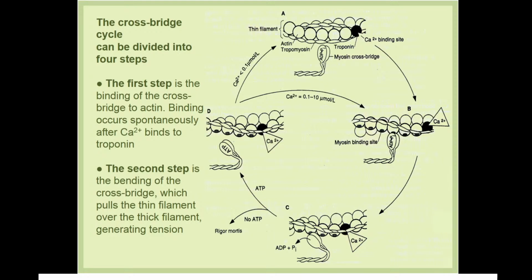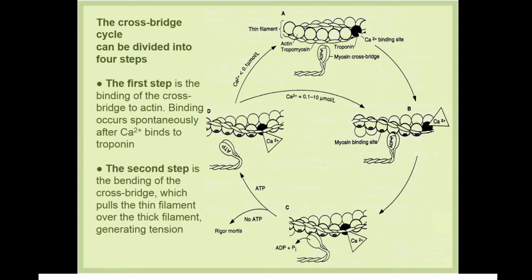Both the ATP molecule and the ATPase required for its hydrolysis are located on the cross bridge. However, ATPase is activated only when myosin binds to actin. Therefore, hydrolysis occurs only during the cross-bridge cycle.